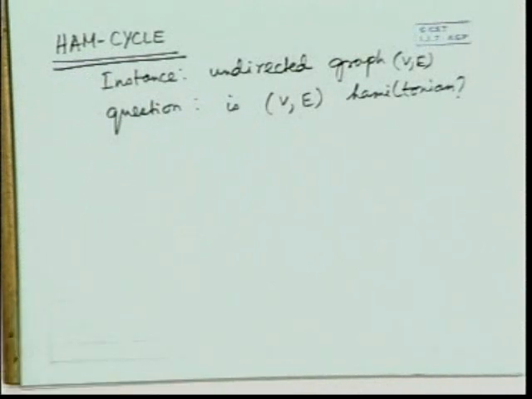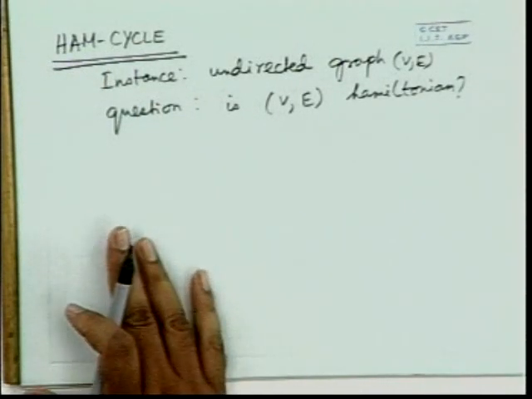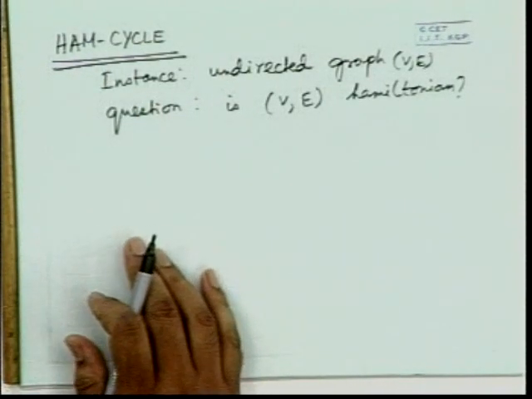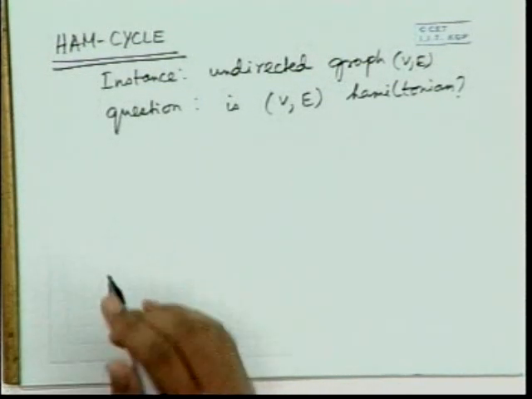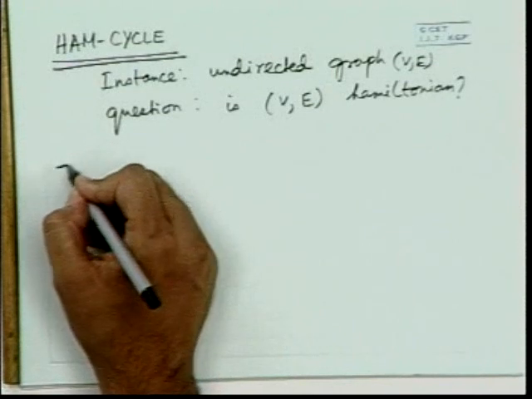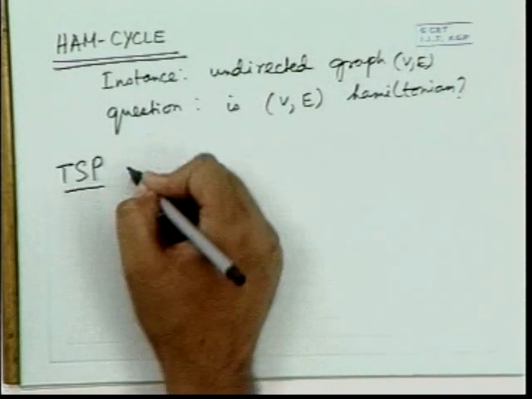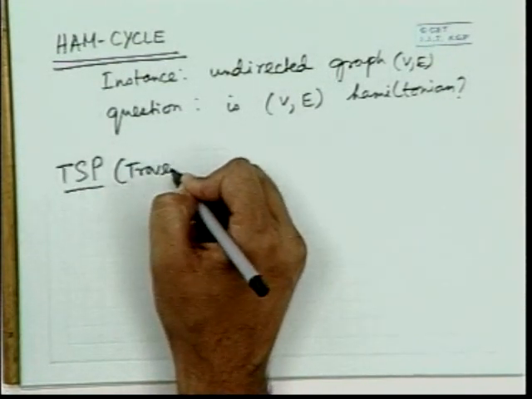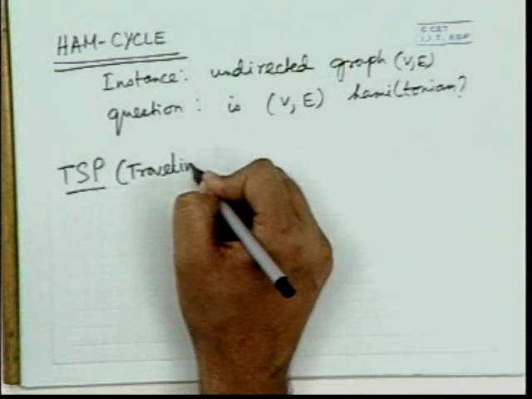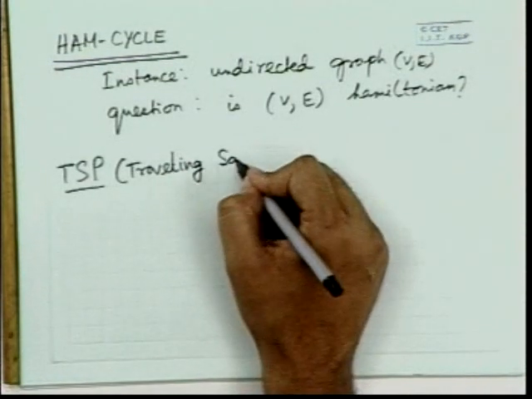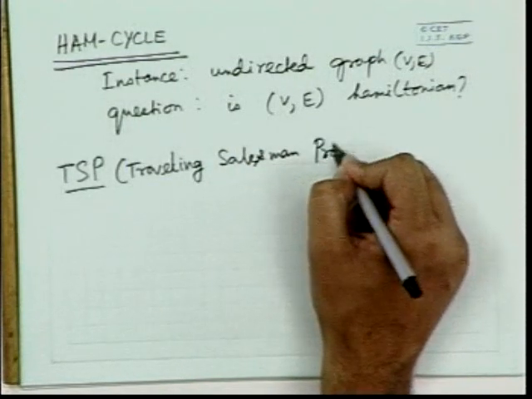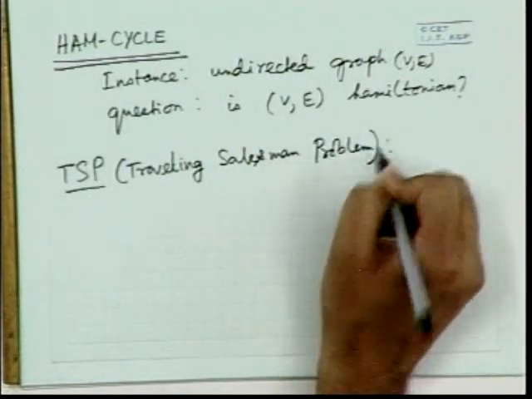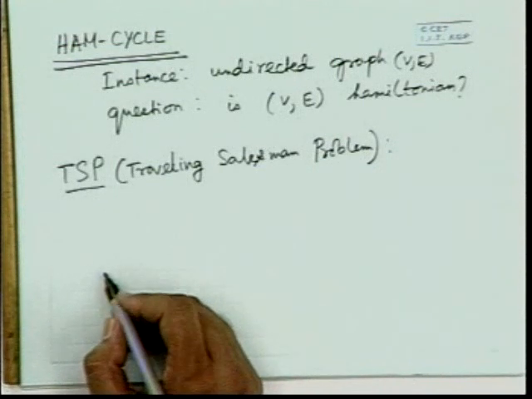But let me tell you why from this one we can deduce that another problem is also NP complete, and this problem is quite practical. This is called the traveling salesman problem, or TSP. What is it asking?